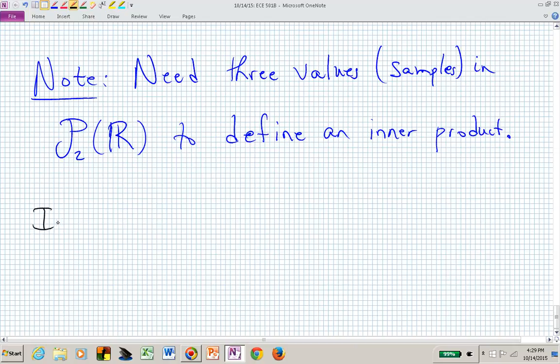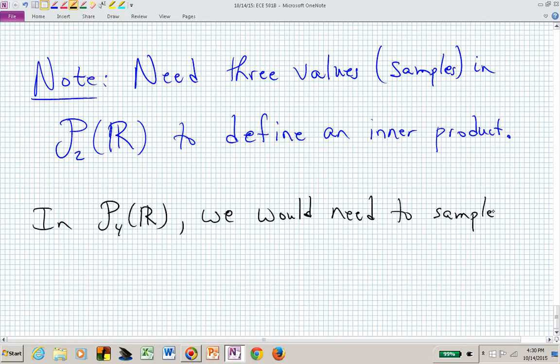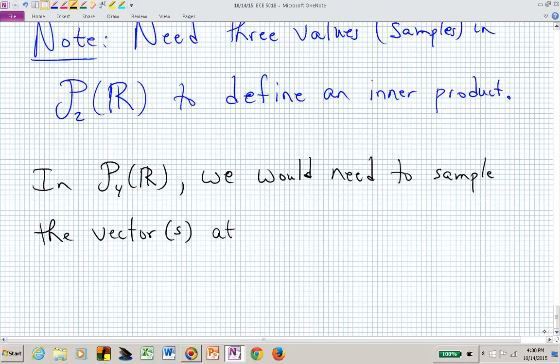If we bumped that up to P4 in the reals, how many times would we have to sample those 4th order polynomials, if we see a pattern developing? We would need to sample the vector or vectors. If we're doing it by itself, we would need 1 vector. If we're doing it with v and w, we would need the vectors. How many times do we sample those?